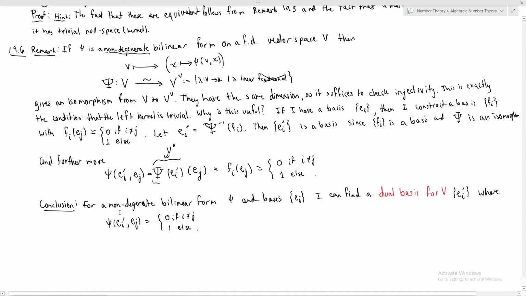Once we know the trace is non-degenerate, we can take a basis and get a dual basis, and it turns out this pair of bases is what's going to show that our ring of integers is finitely generated as a Z-module. That's the plan going forward. So the next few lectures are going to be on computing discriminants and how to tell if a bilinear form is non-degenerate, more or less.